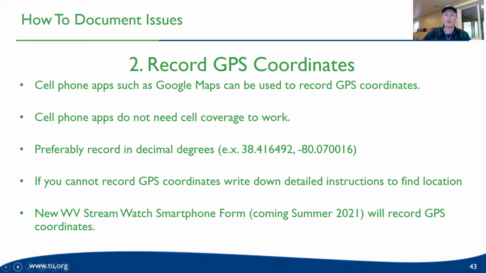It'll be a smartphone form where it'll grab your location, you can write your notes, take your photos, and then automatically submit it to us, just to streamline things rather than attaching photos to emails. That's coming out, and that will serve West Virginia in summer of this year, something that you can use as a tool in this program. So stay tuned for that. You'll be on our email list, so we'll send that out when it's available.